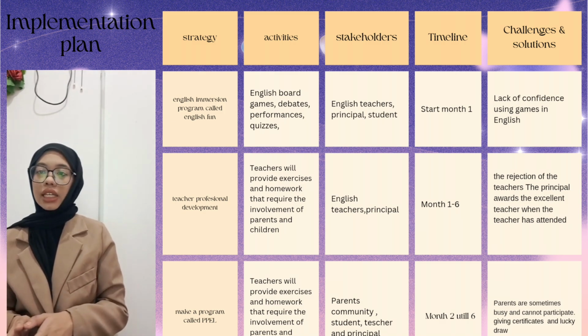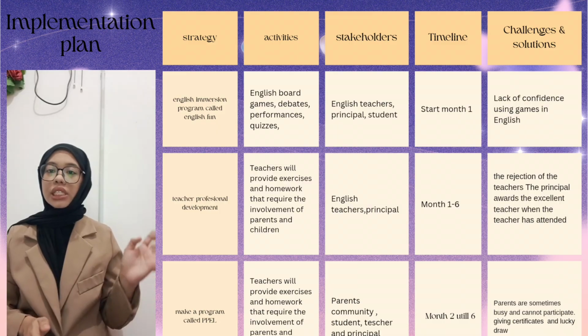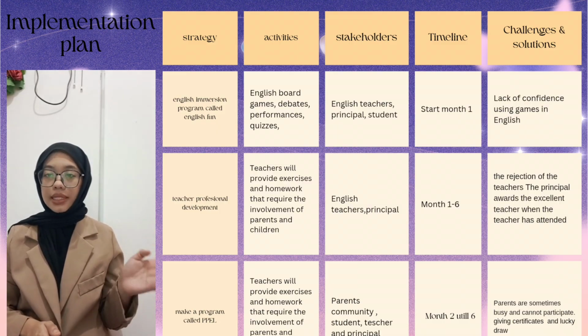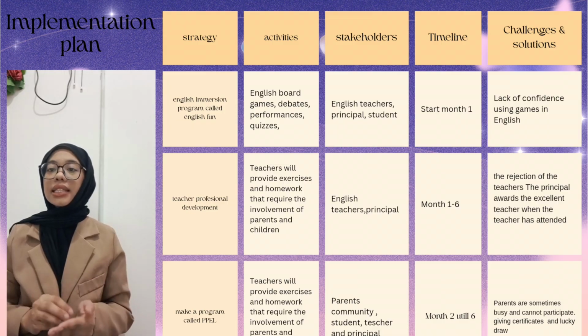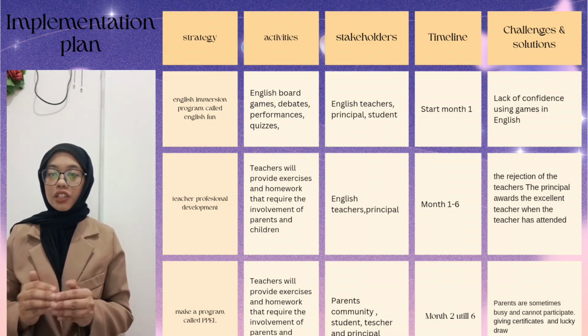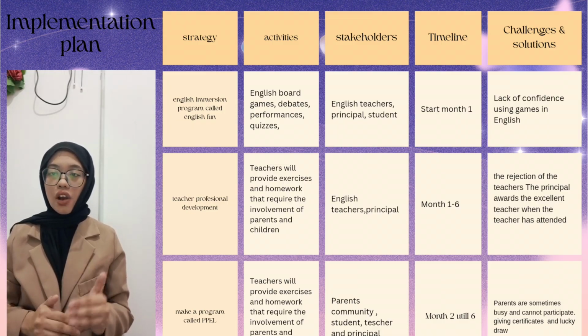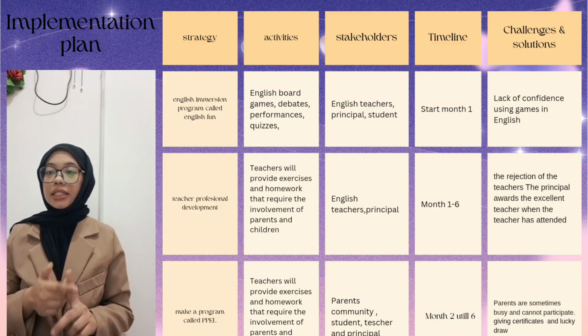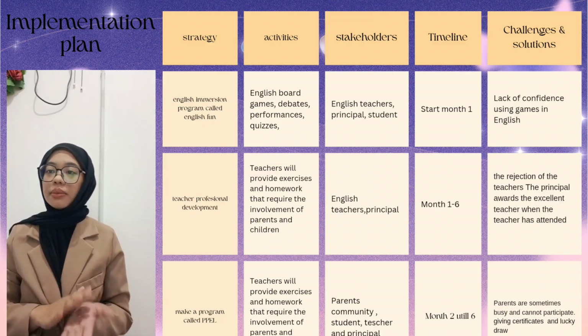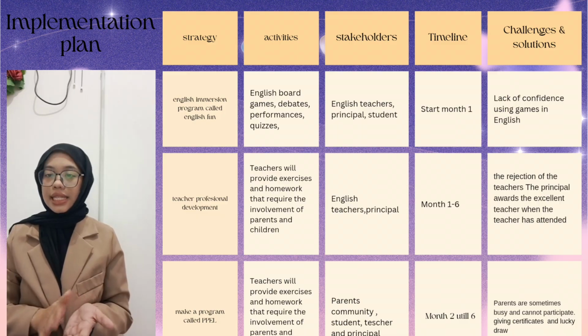Moving to number 2, which is teacher professional development. The activity is attending seminars or skill courses. The stakeholders are English teachers and principals. The timeline will be months 1 and 6.